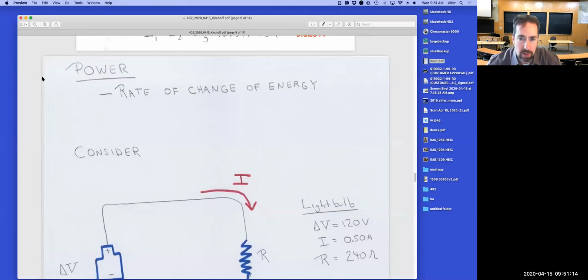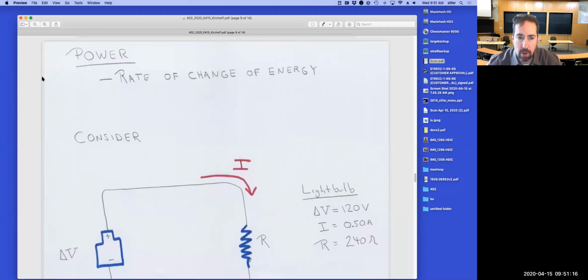I want to introduce this idea of power, and power is the concept of the rate of change of energy. When we're talking about an electrical circuit, you're talking about how much power is being consumed by the circuit. For example, a light bulb, how much energy does it take to run the light bulb?